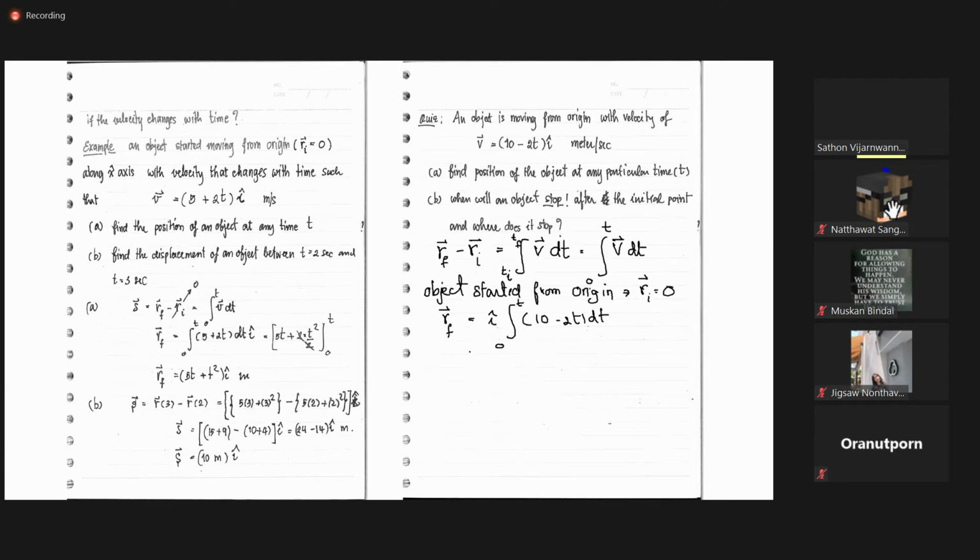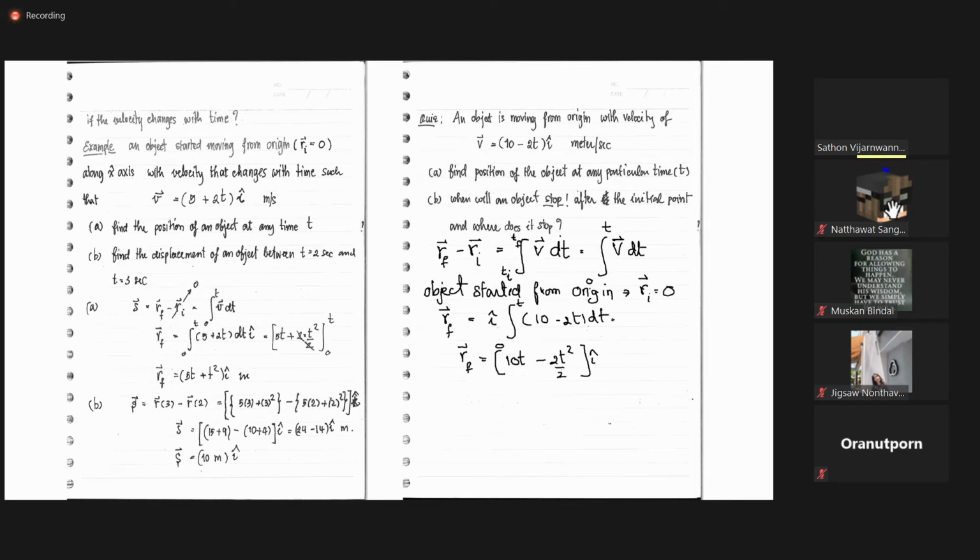Now that's the same as the question we had before. Rf equal to, well, integration of 10 dt gives you 10t, minus 2t squared over 2, in the direction of i.